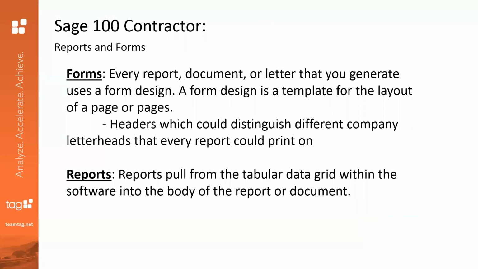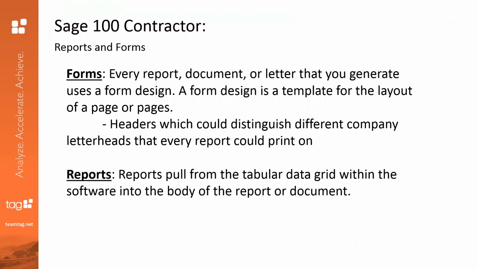Okay, so the first thing we'll talk about is the difference between reports and forms within 100 Contractor. The language here is specific to 100 Contractor. Forms will refer to the headers and the footers of every report.